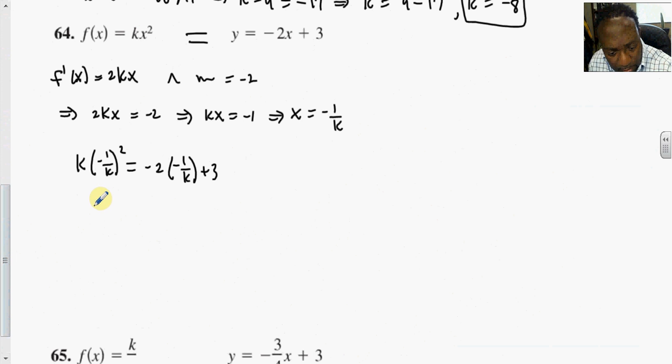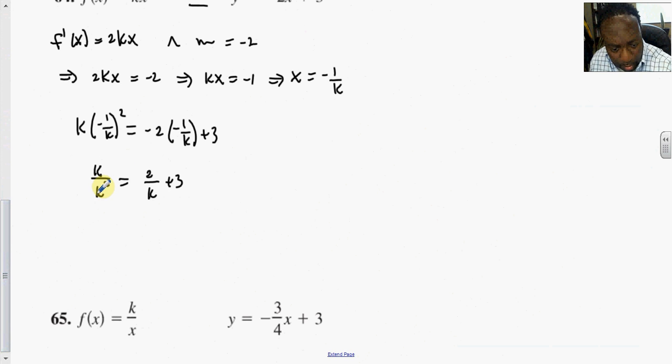So this is, yes, k over k squared is equal to 2 over k plus 3. So this is 1 over k is equal to 2 over k plus 3.